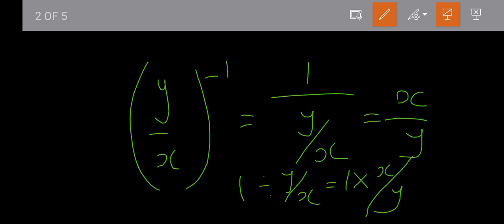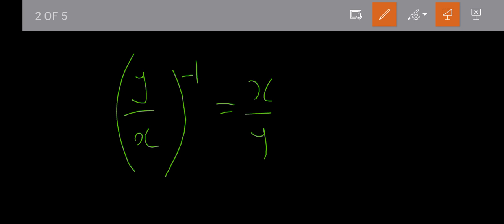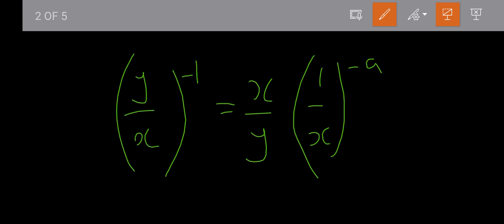So it means that if we have a fraction and it is raised to a negative, all we need to do is get the inverse. So if I have y over x raised to the power minus 1, this means x over y, according to how we just defined it. So what if I have 1 over x raised to the power minus a?